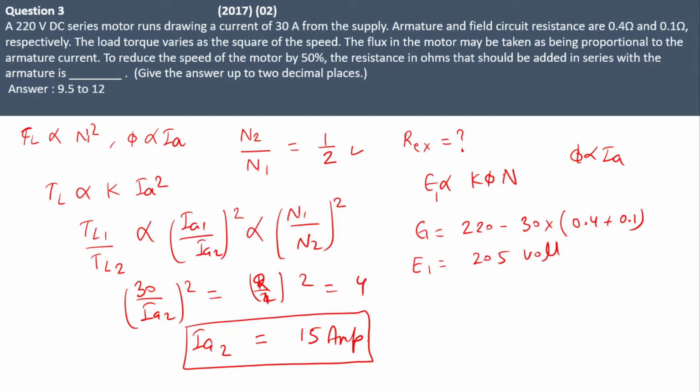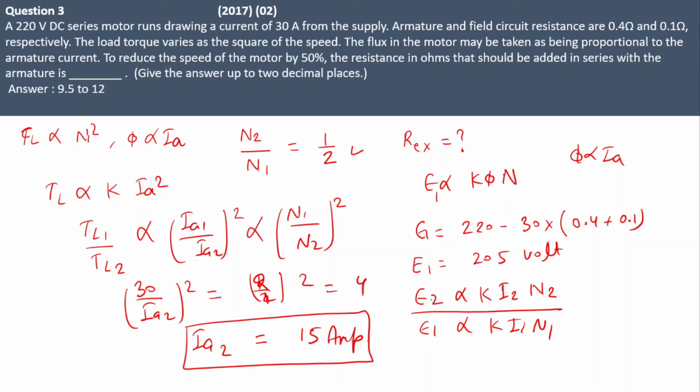We have to find out E2. So how to find out E2? E2 directly proportional to K IA2 N2, divided by E1 directly proportional to K IA1 N1.